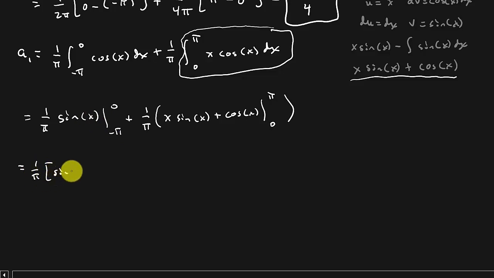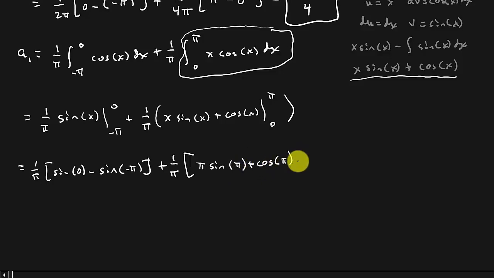That's going to be sine 0 minus sine of negative pi plus 1 over pi times sine of pi plus cosine pi minus, and then we plug the 0 in, 0 times sine 0 plus cosine 0. I think that's it. I think I got everything plugged in.